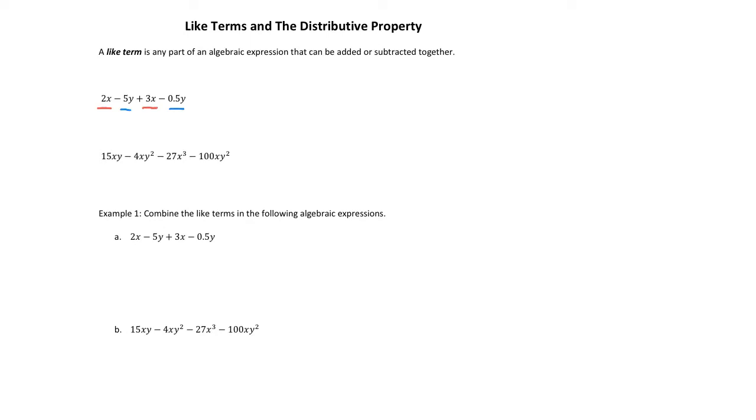Again, the 5 and the 0.5 are just telling you how much you have, but you're saying how many y's do I have? So let me list these off to the side. For the like terms, we have 2x and 3x, as well as 5y and 0.5y.